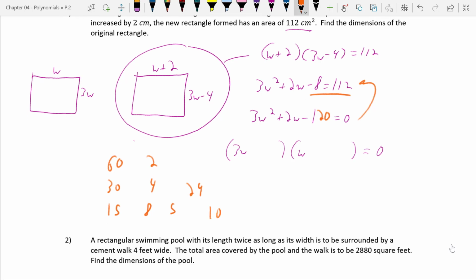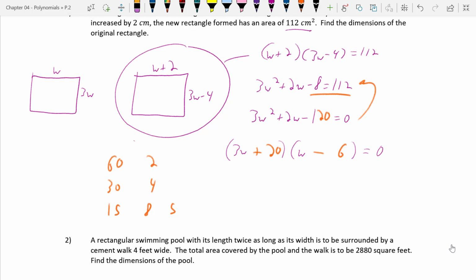Let's make that 10 and 12. That won't work. Let's make that 20 and 6. 6 times 3 is 18. There we go. 6 times 3 is 18. 20. And then I get a plus 20 and a minus 6. That will get me to 2 in the middle.